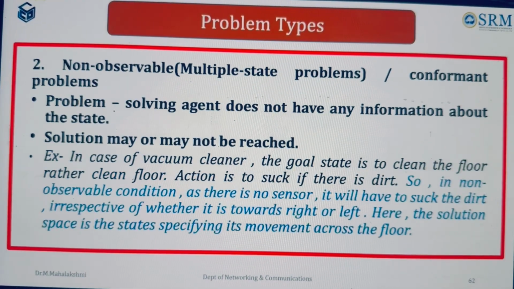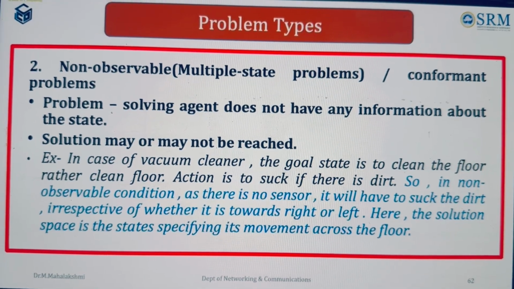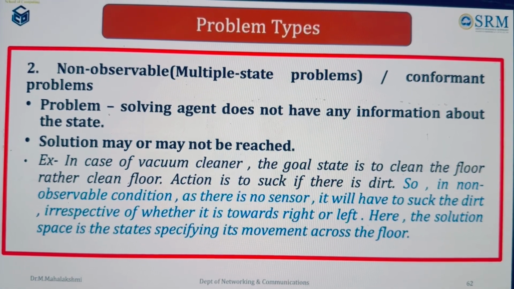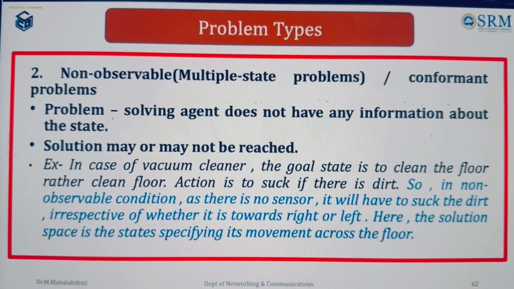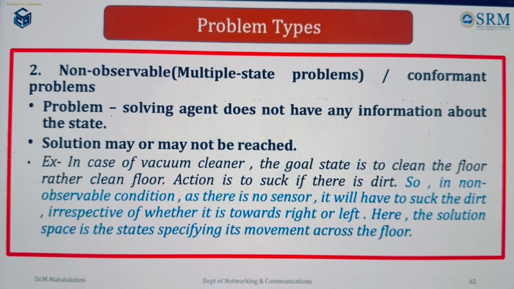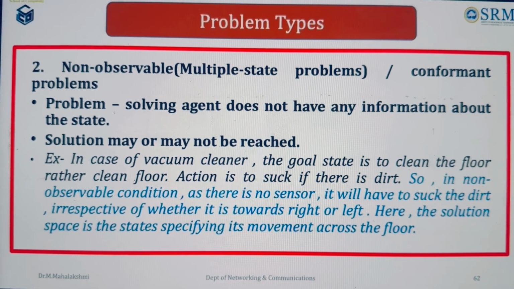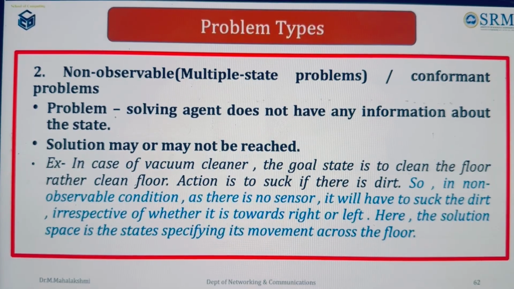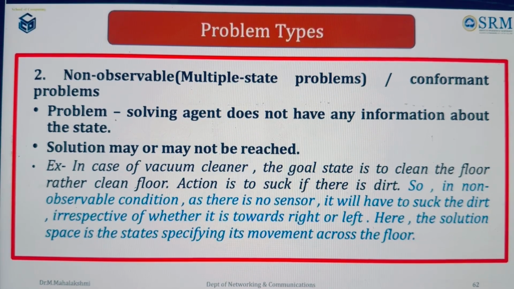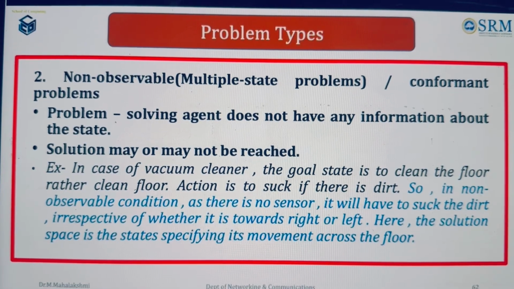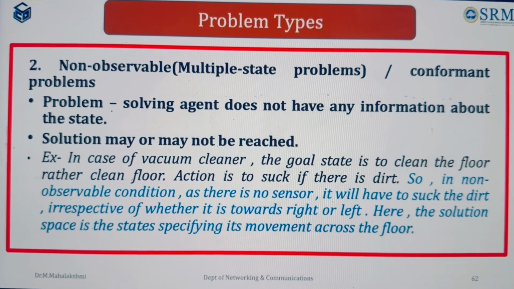Next is non-observable. Can you say some example for non-observable? Obviously, you cannot observe everything. You cannot observe what is available in front of you. As it goes, once the particular state arrives, you will know, okay, this is the state.